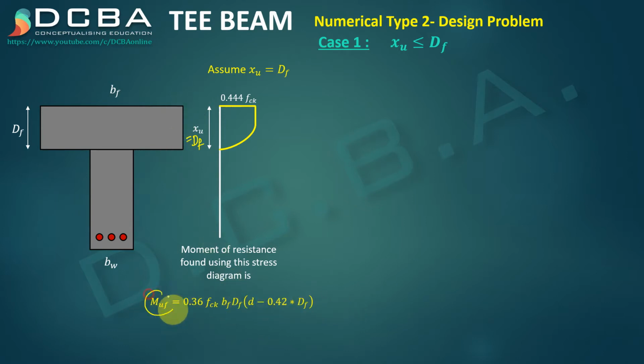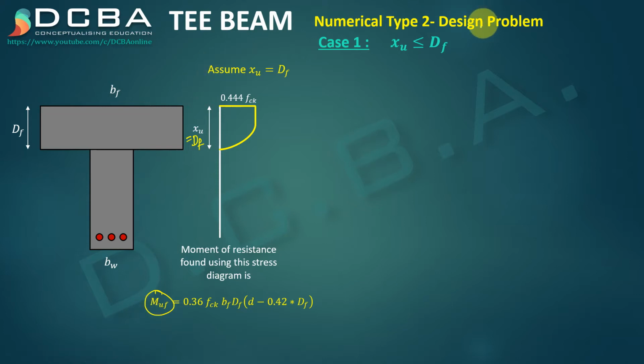So this MUF is actually the moment of resistance due to flange, because when we are considering xu equal to df, we are assuming that this entire flange is contributing to the moment of resistance, correct? Therefore we denote it as MUF, which means the moment of resistance due to entire flange.